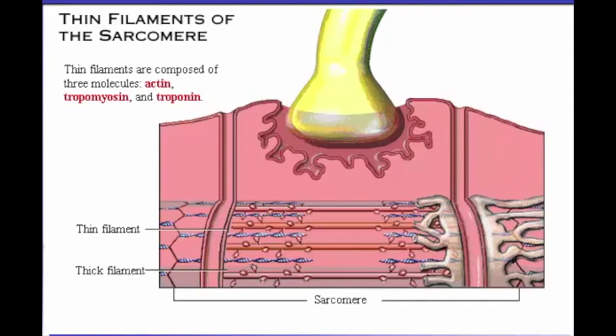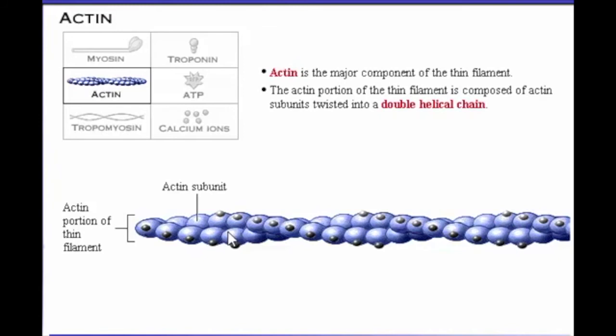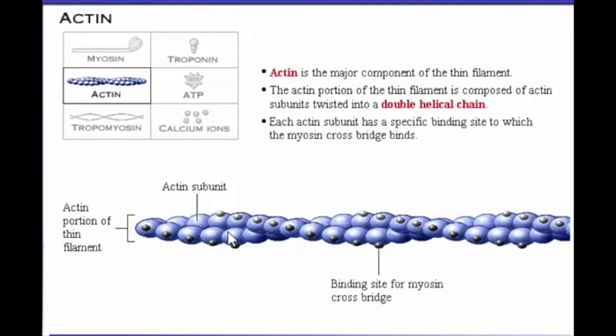Thin filaments are composed of three molecules: actin, tropomyosin, and troponin. Actin is the major component of the thin filament. The actin portion of the thin filament is composed of actin subunits twisted into a double helical chain. Each actin subunit has a specific binding site to which the myosin cross bridge binds.